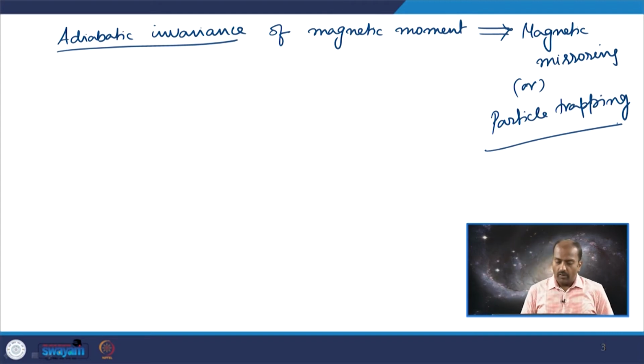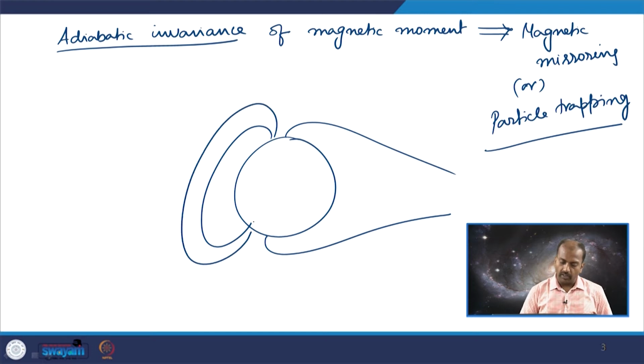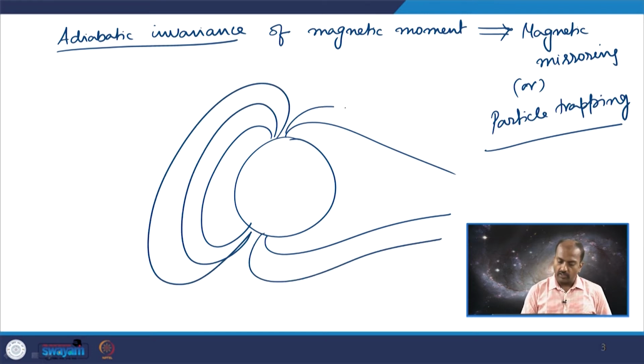We will always see that if you have the magnetic field line like this, let us say for the case of Earth. So this is the side that is facing the sun, right? The magnetic field lines are diverging away from the geographic south pole and converging at the geographic north pole, right?